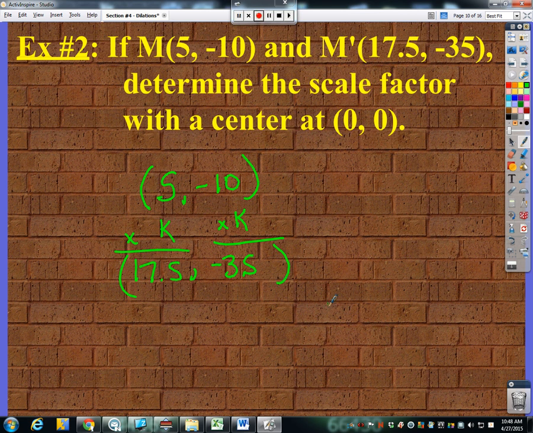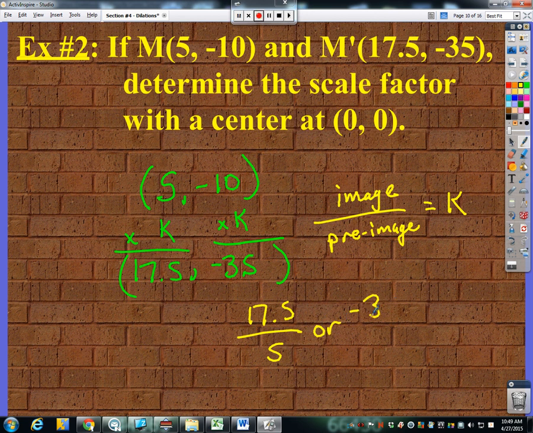Well, instead of multiplying, we're going to have to undo the multiplication to figure out what was being multiplied. And so really we're going to divide our image coordinates by our pre-image coordinates to figure out what that k scale factor is. So if I took 17.5 divided by 5, or if I took -35 divided by -10, both of these will result in the same number.